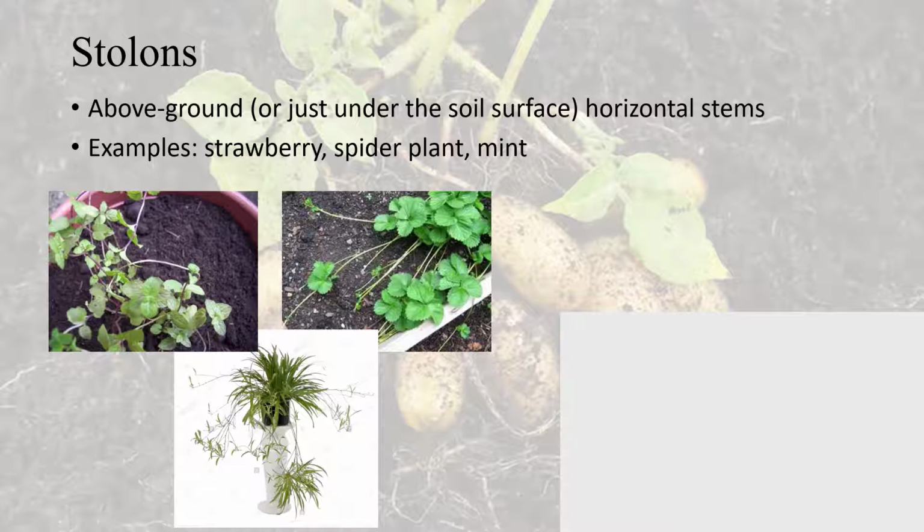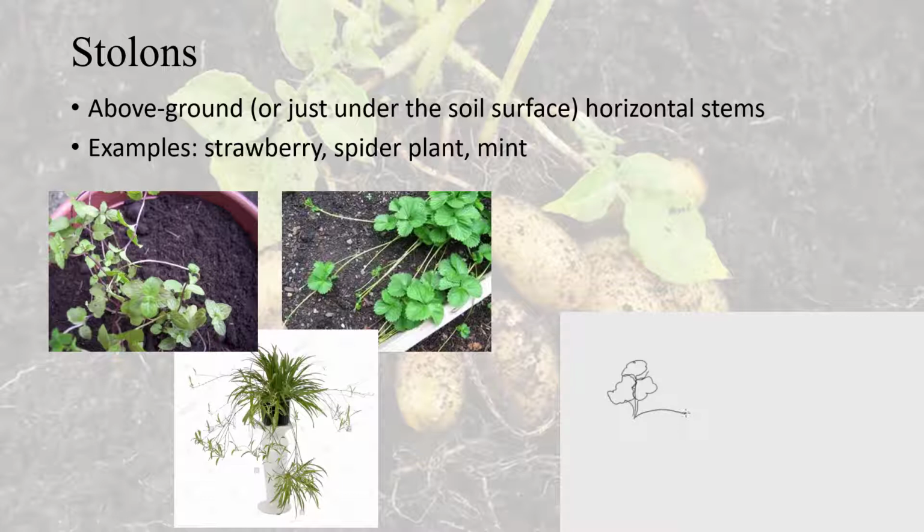So stolons are above ground horizontal stems. So if we have our plant growing here, a lot of our plants have stolons. The strawberry plant is a really good example. The strawberry plant will produce these stolons, which are these above ground horizontal stems.